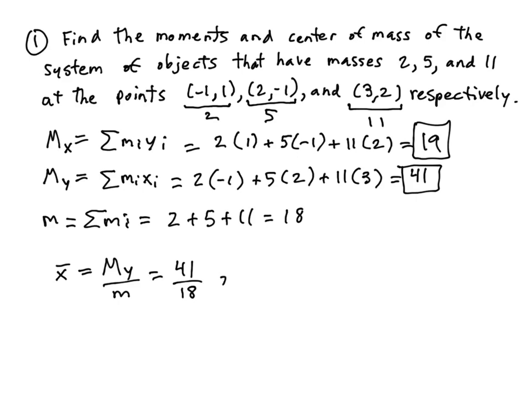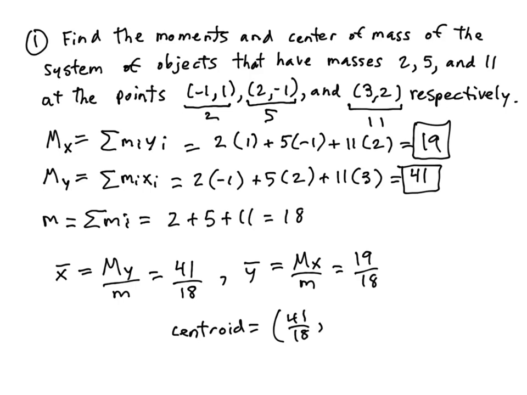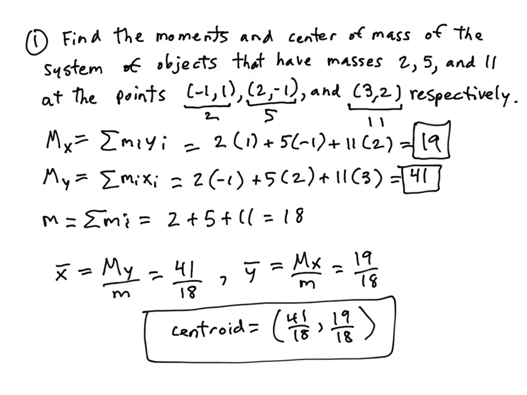That does not simplify. And y bar is equal to M_x divided by m, which is 19 over 18. Okay, so this means that the centroid is equal to the point (41/18, 19/18).